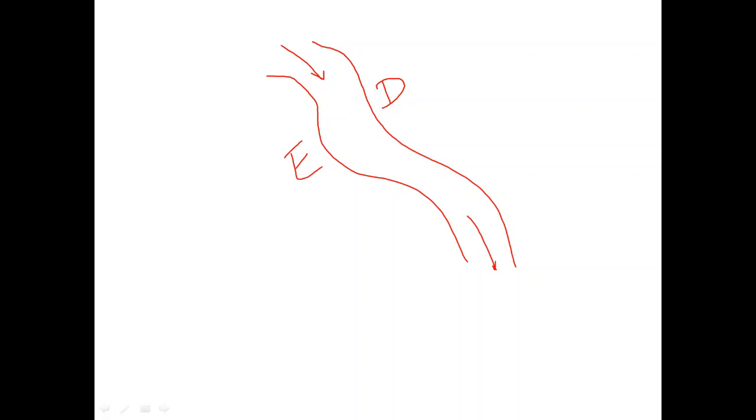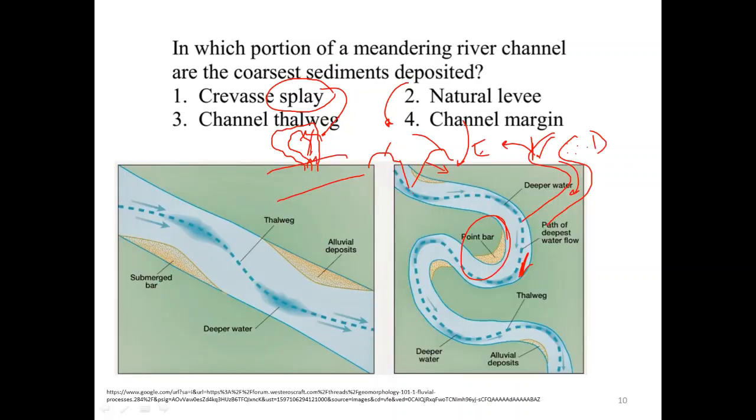Let us say the coarser and finer sediments are broken from here and the finest are over here. Now this water won't be able to push the coarsest sediments further. As a result, they get deposited in this portion of the stream flow where the water level is the deepest. So the answer to this would be channel Thalweg.